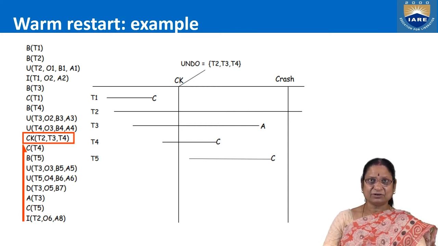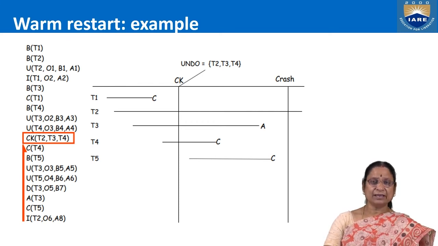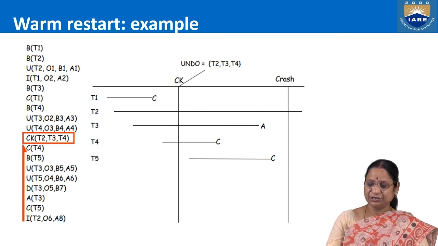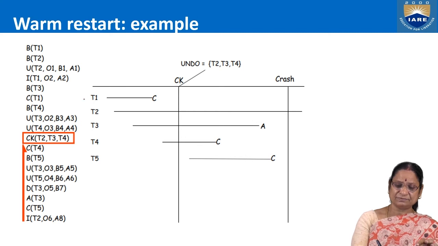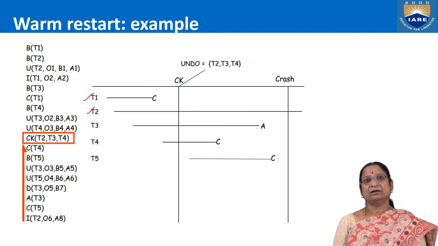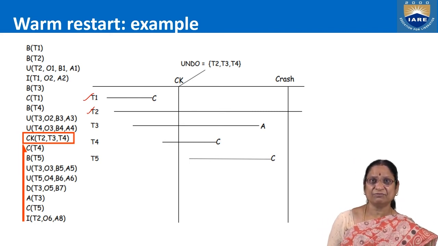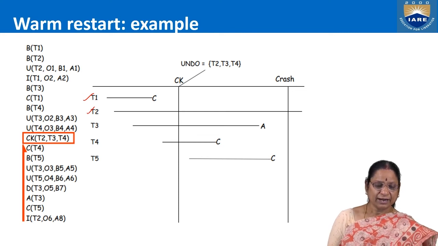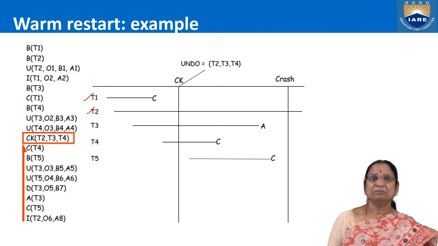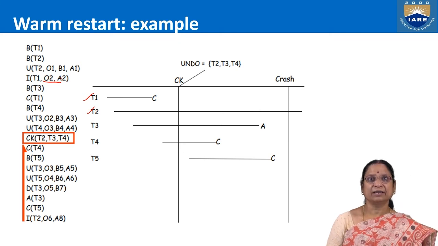In case of warm restart, I already explained one example. Let's take another example. B of T1: transaction T1 started, transaction T2 started. Two transactions are there, you observe. Object 1 is updated, with old value V1 and new value A1, and a new record is inserted with the value A2.